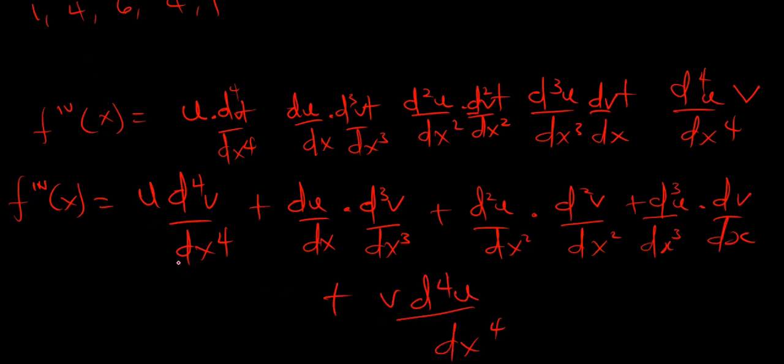Okay, so we then add our coefficients. This is 1 4 6 4 1. So here will be 1, here will be 4, here will be 6, here is going to be 4, and here is 1.